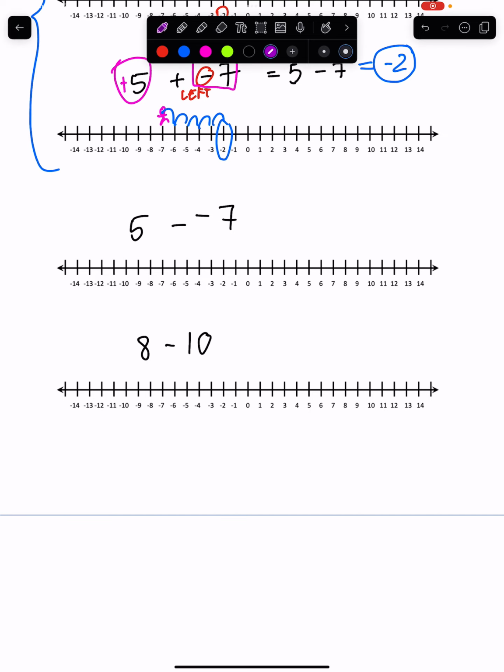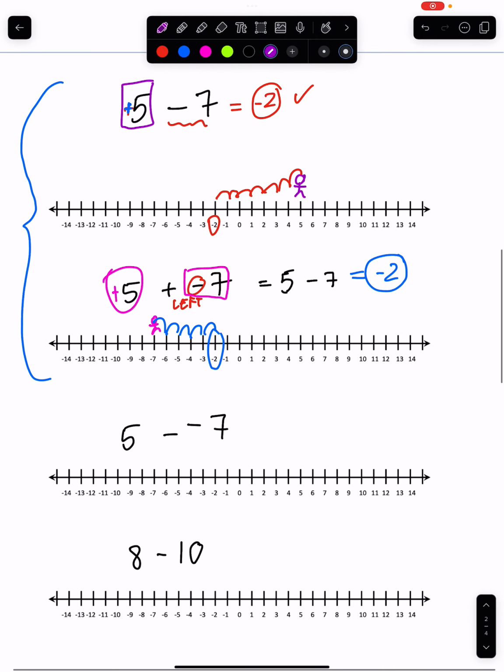And here comes a little bit of a curveball, if you will. So here we have 5 minus -7. So that's interesting. We saw with one negative, we move left. Again, we had one negative, we move left. Here we have two negatives.